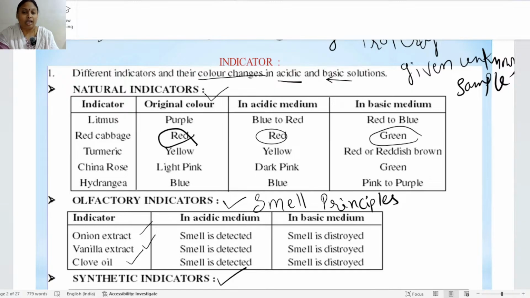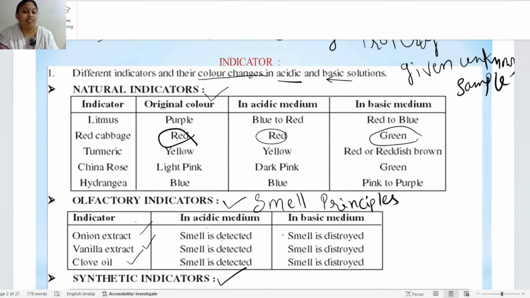So here I would like to say one thing. When we apply the olfactory indicators on acids, the smell is going to be changed. Which one plays the key role to change the smell? Only olfactory indicators. When we add them to the acidic medium, only then is the smell detected.